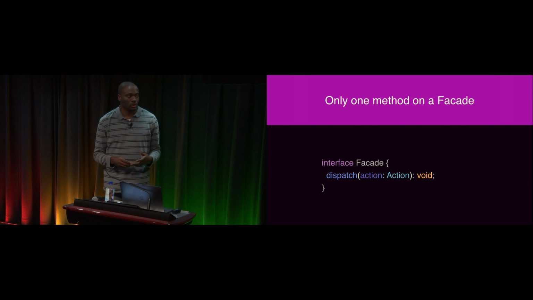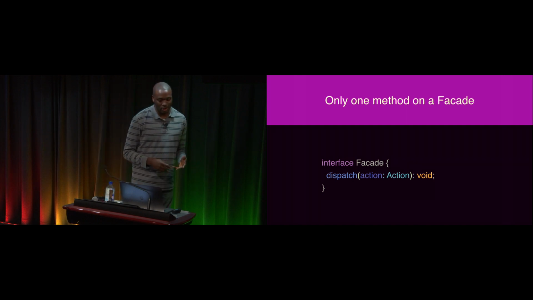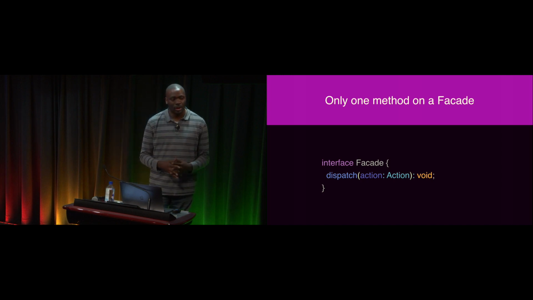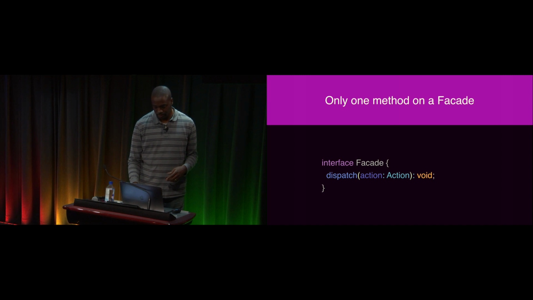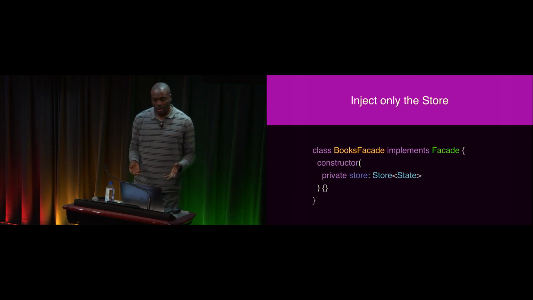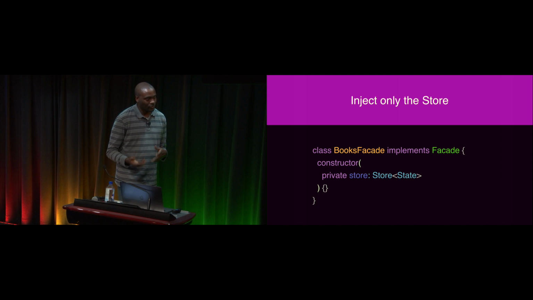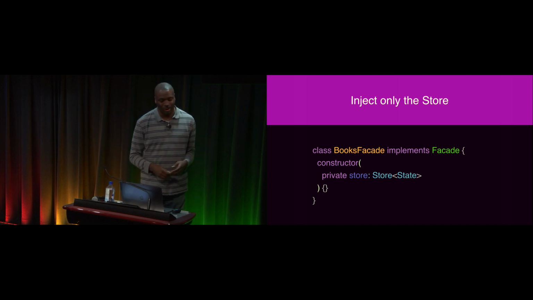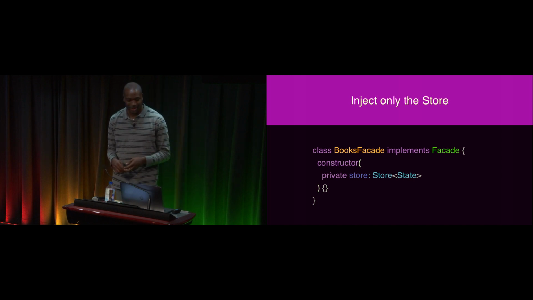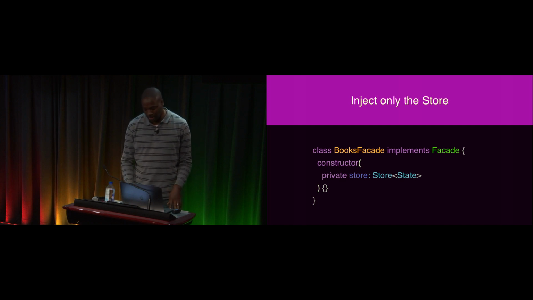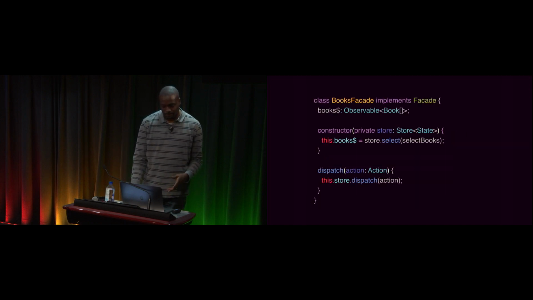This will allow you to avoid reusing those actions and keep them unique to the places where they come from. The other part is to only inject a store into your facade. I showed the slide before where you're injecting facades into other facades, and then you end up back with that system as it was back then, a mess of services. And then you could run into circular dependencies. I've seen that also. So only inject a store into the facade and use it that way.